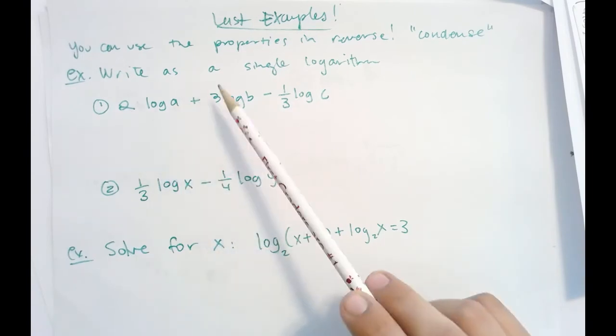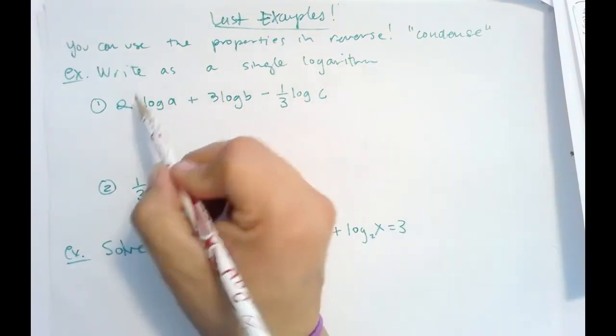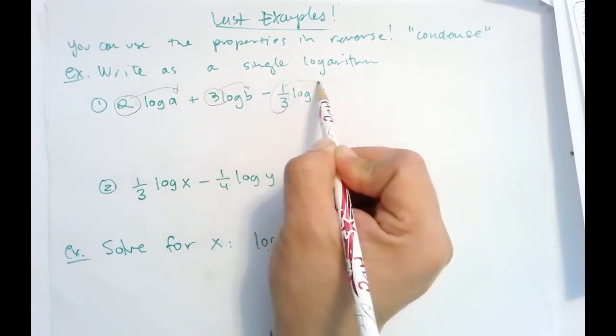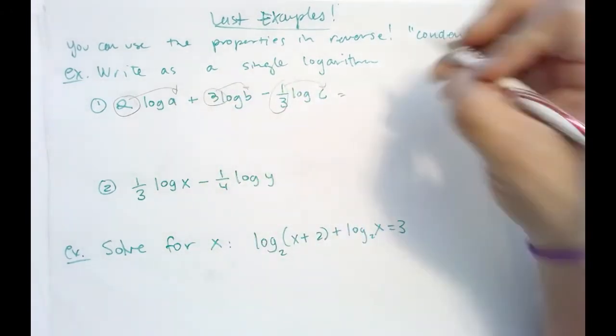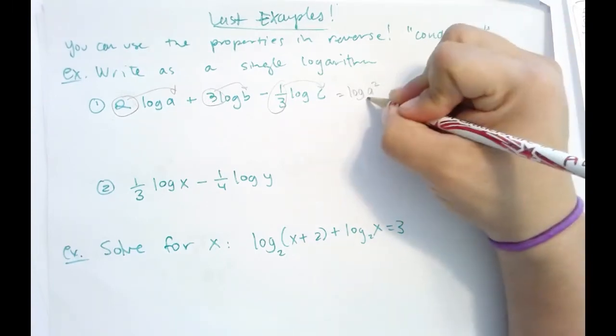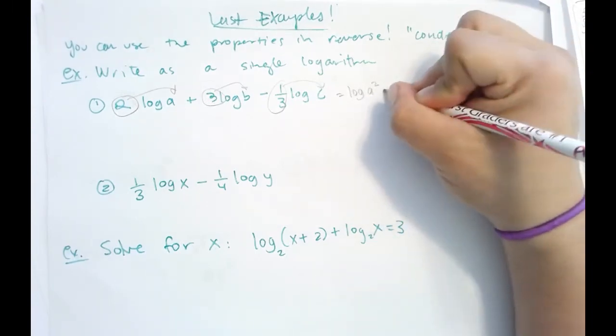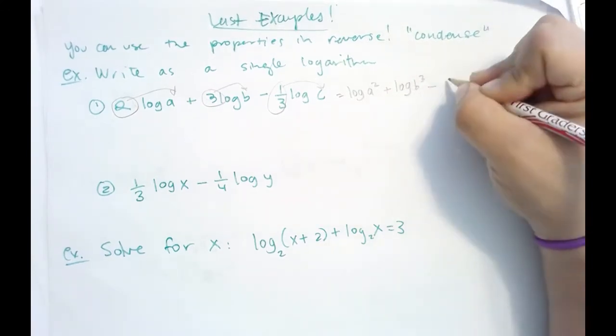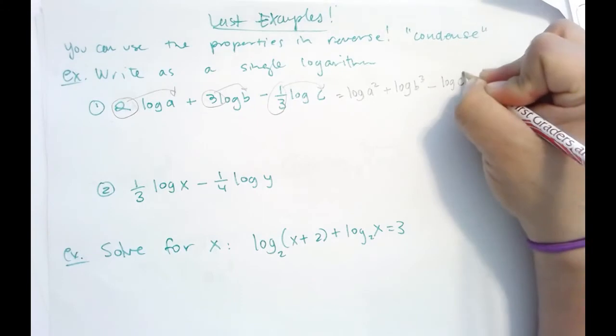So we need to first start by moving each of these coefficients to the top of the variable, okay? So this would be rewritten as log base 10, of course, of a squared plus log base 10 of b cubed minus log c to the 1/3 power.